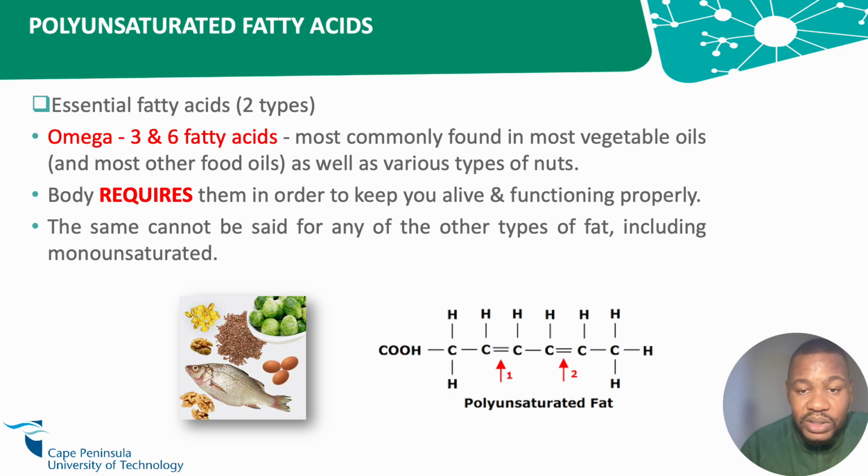These are most commonly found in vegetable oils and other food oils, as well as in various types of nuts. The body requires these to keep you alive and functioning properly, but the same cannot be said about any other types of fats, including monounsaturated fats.